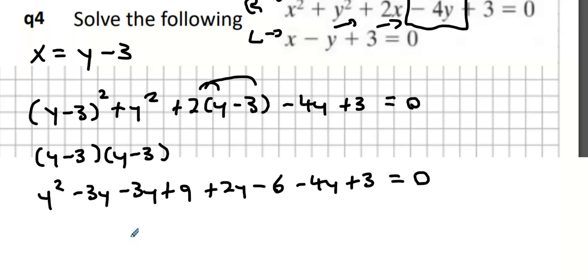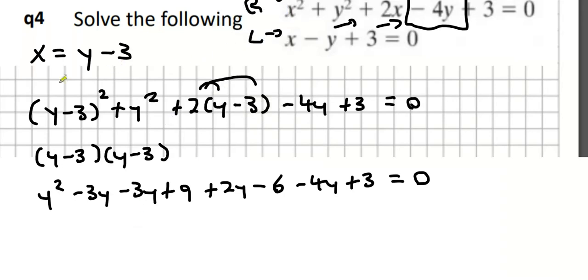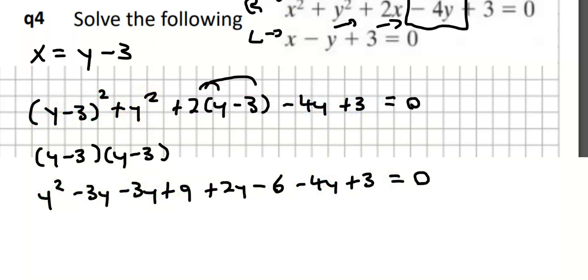Anybody want to tell me what happened? Always read over your line and make sure everything's accounted for. Remember, I make tons of mistakes as well, but I generally catch most of them. I dropped the y squared, didn't I? The y squared just disappeared for no reason. That's basically what you have to do every line. Just a quick scan. Did I include everything? You can see obviously the y squared has gone missing, hasn't it? So you just got to do that in your head.